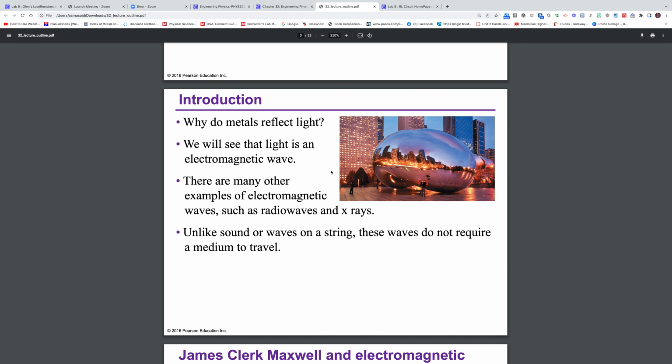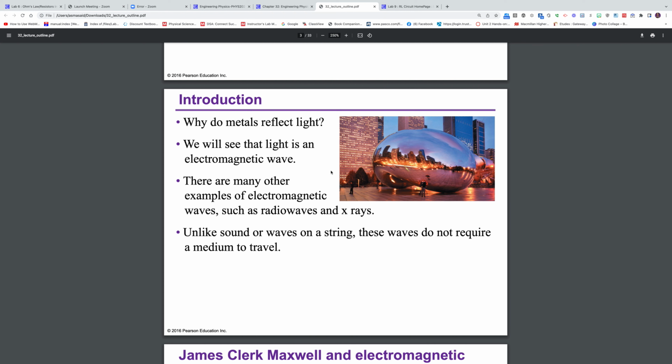Now, why do metals reflect light? We are going to look at the interaction of electromagnetic waves, of which we will say light is a part. We will see that light is an electromagnetic wave.